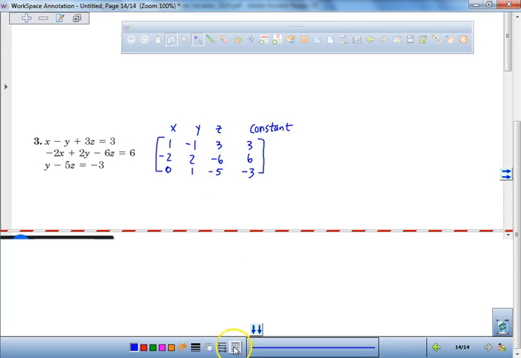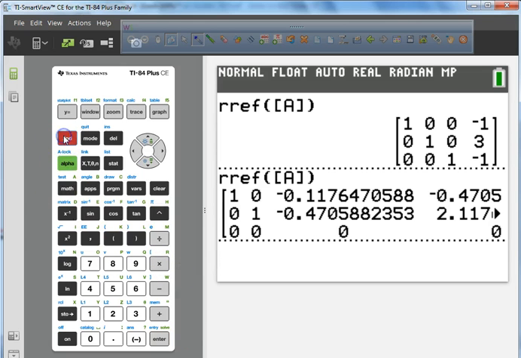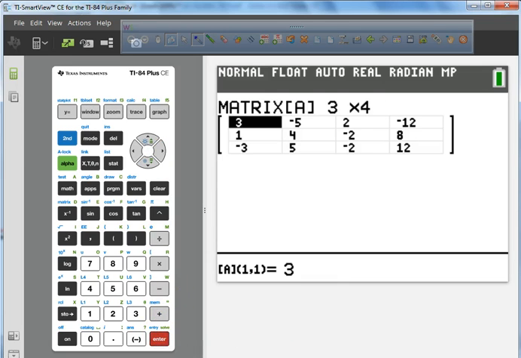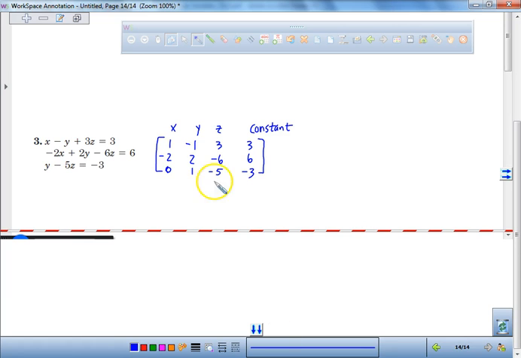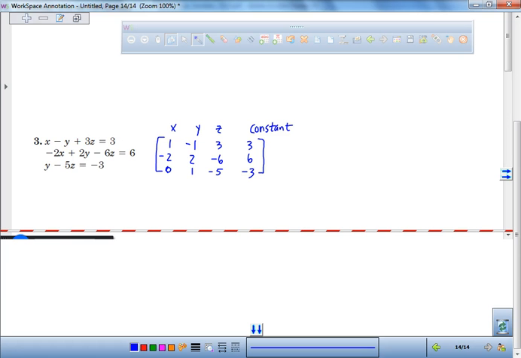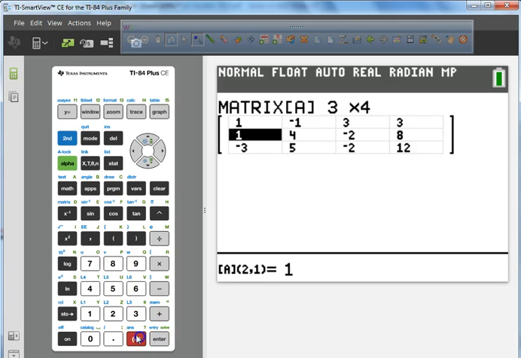So let's go ahead and edit our matrix now. I hit second, matrix. I go to the right where it says edit. I press enter. It's still a 3 by 4, but now all I'm doing is going back and changing it to a 1, -1, 3, 3. Okay? Our second row is -2, 2, -6, 6.